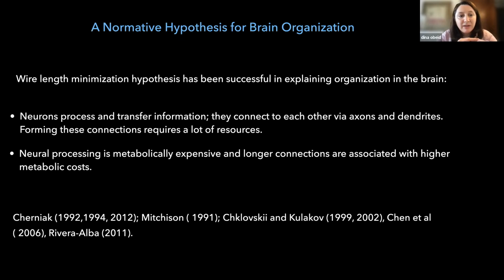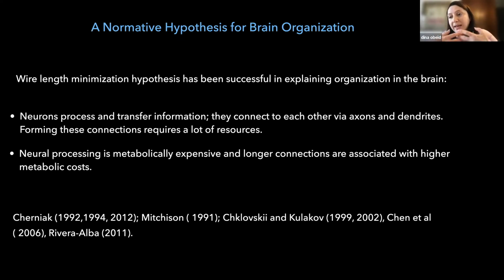And it says, well, your neurons process and transfer information. They have to connect to each other through axons and dendrites, but forming these connections can require a lot of resources. And we have limited resources. Also, neural processing is metabolically expensive, and larger connections are associated with larger metabolic costs.